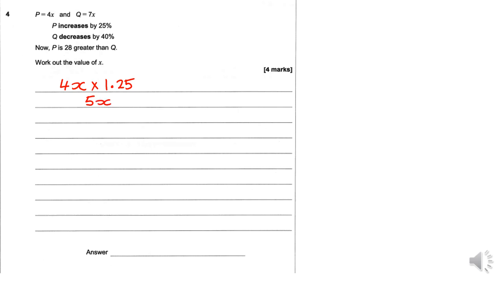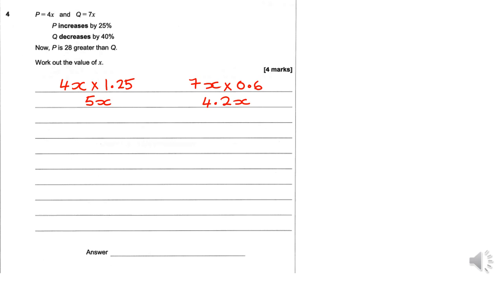Q decreases by 40%. So the 7x is decreased by 40%, so that gets multiplied by 0.6, because it keeps 60% if you like. So that would be 7 times 0.6, which is going to be 4.2, I think. Is that right? 4.2x.